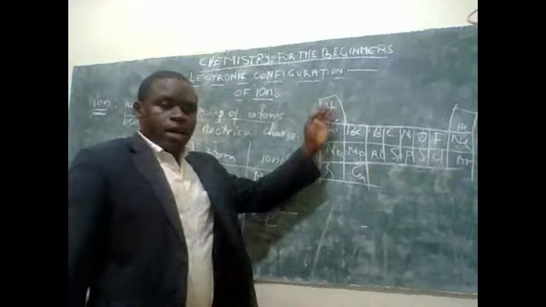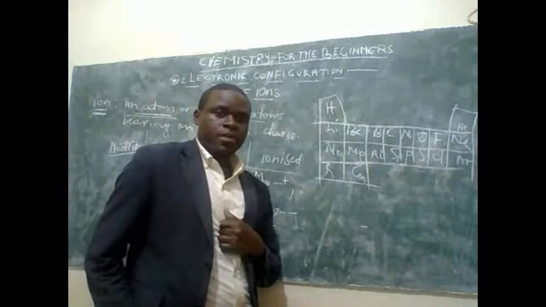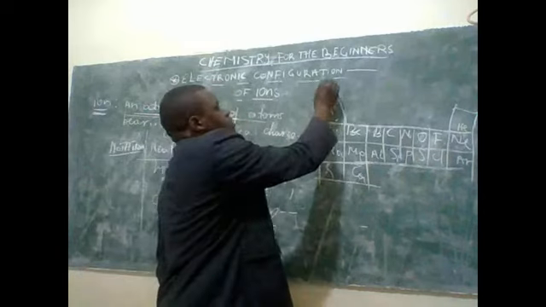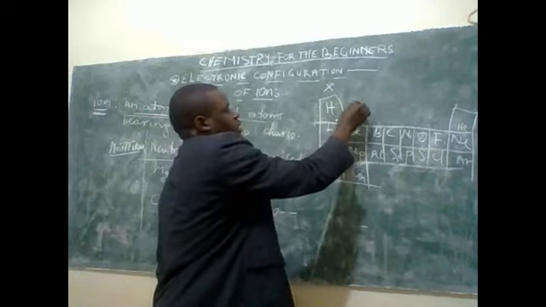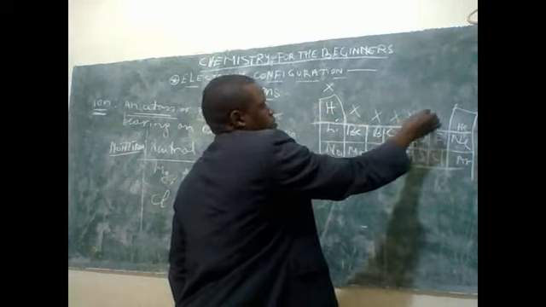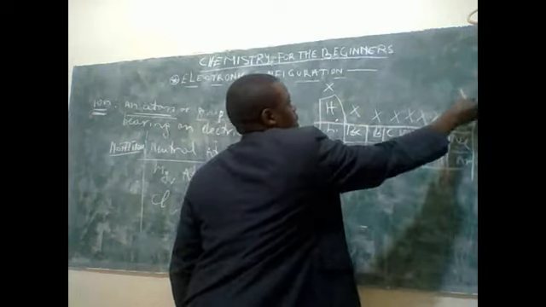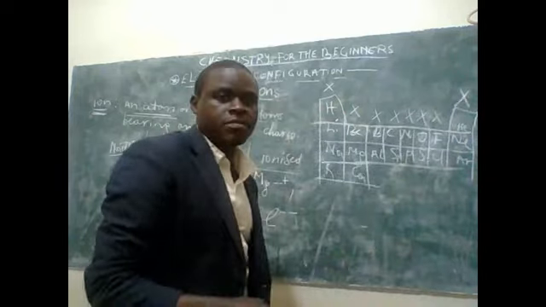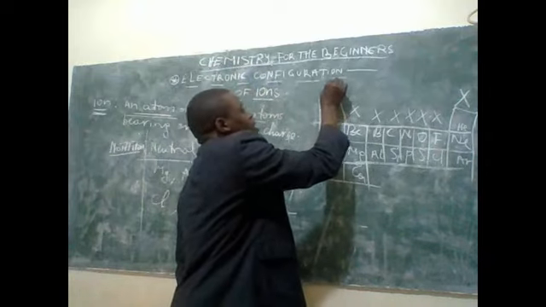So, in electron valence, we say that here it is family 1, and this is family 2, 3, 4, 5, 6, 7, and 8. And here we say that it has one valence.